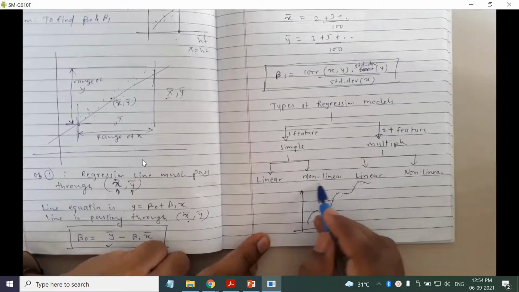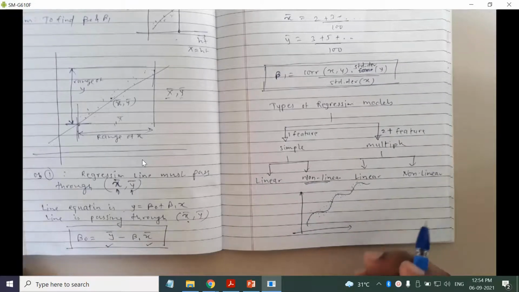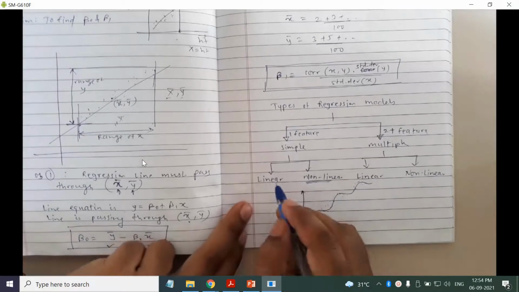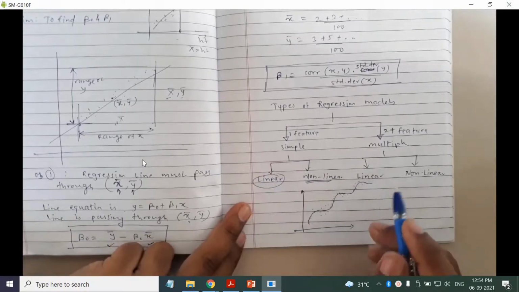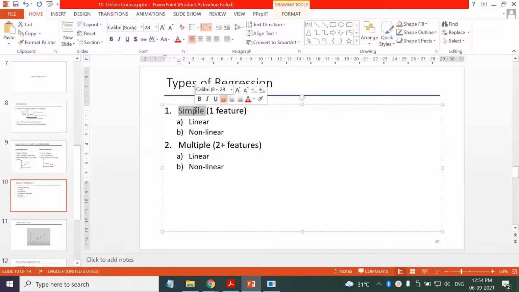So you may have a non-linear regression line. We'll be focusing on linear regression only under this unit. When you have one feature, that type of regression is known as simple regression. You may have linear or non-linear regression line, and under multiple also we have the same category.